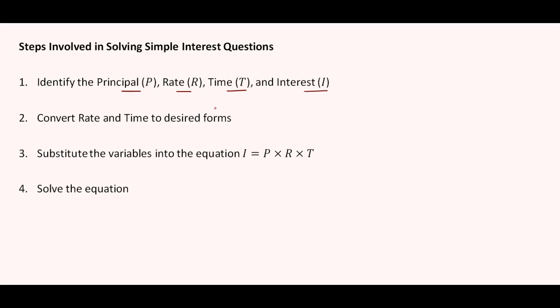So I like to always do it this way. And you want to convert the rate to percent and the time to years. And then we're going to substitute the variables into the equation I equal to P multiplied by R multiplied by T, and then we'll solve the resulting equations.